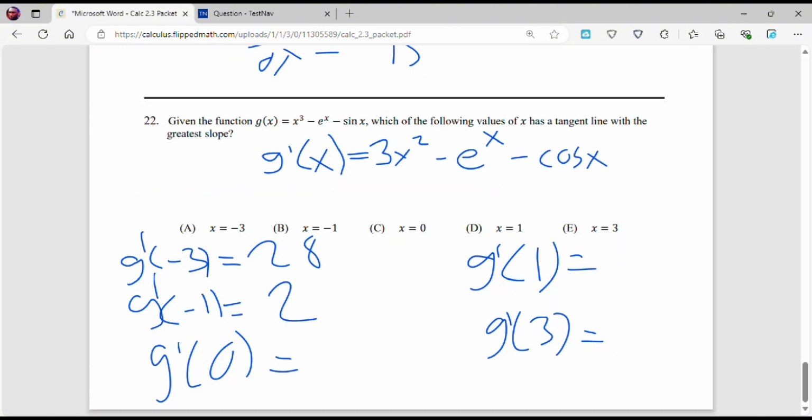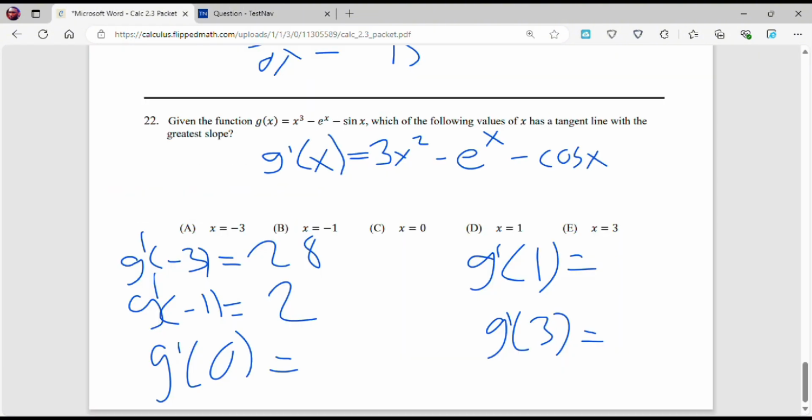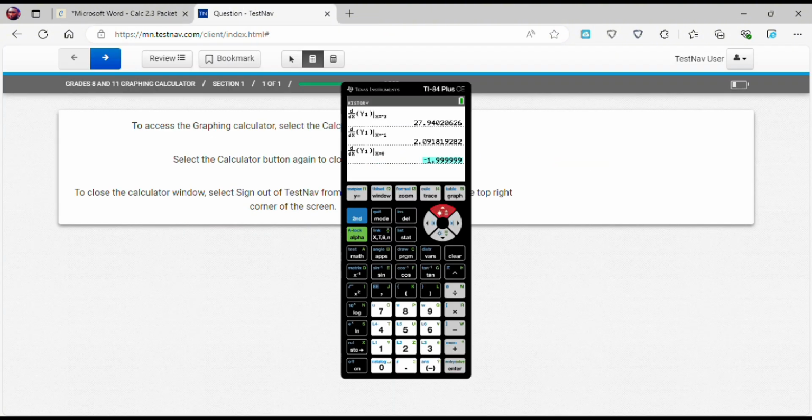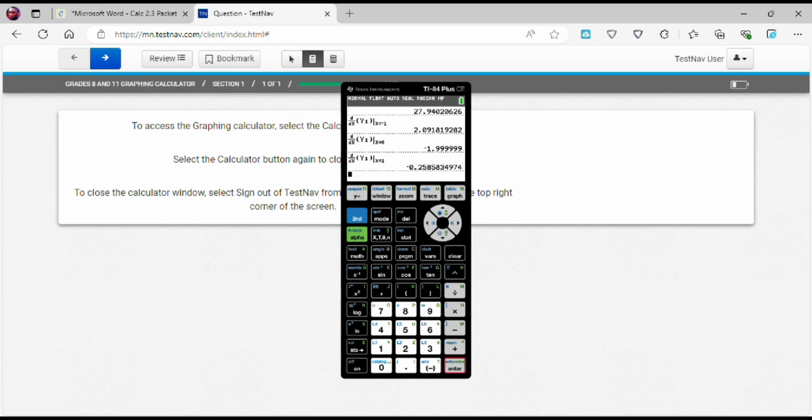I get 2. Copy, and then we're going to do 0. We get -2. At 1, we get -0.25.